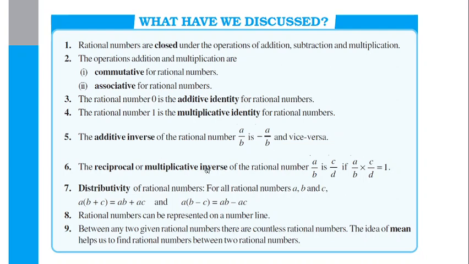Now distributivity of rational numbers. This distributive property is very important whenever you are solving examples. Taking a common factor from terms is the distributive property. Let me give you one example. If you have been given 18 plus 9, you can replace 18 by 9 multiplied by 2.